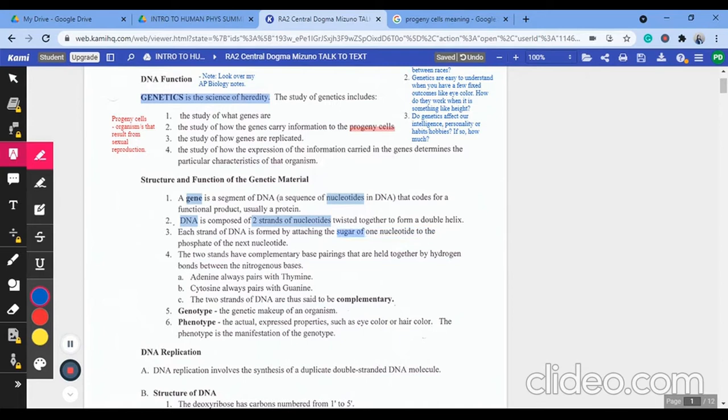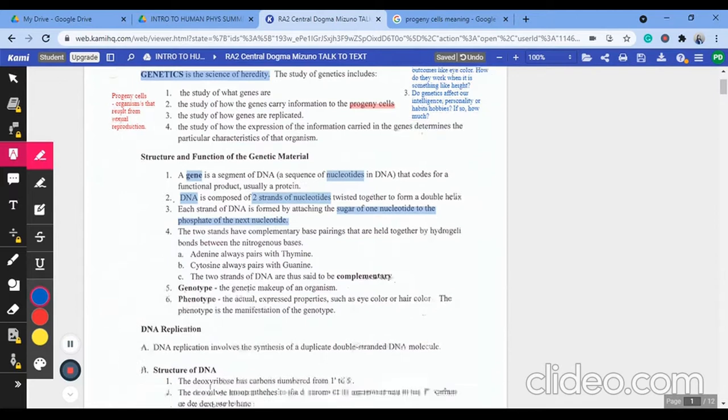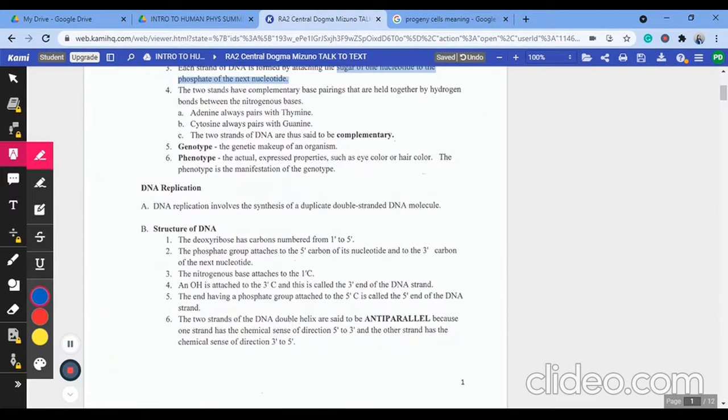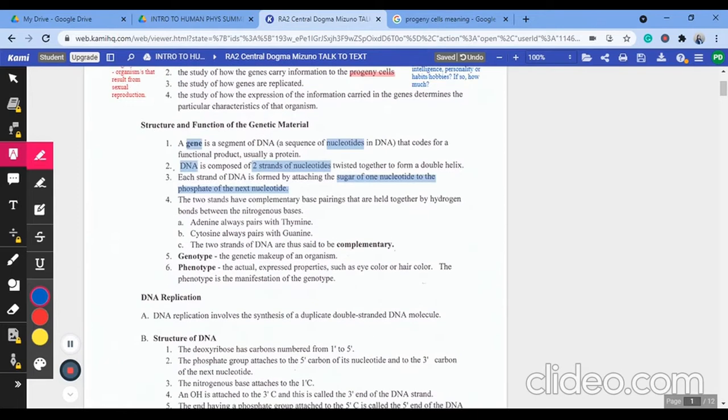That's information I need to know about how DNA is formed. Number 4, the two strands have complementary base pairings held together by hydrogen bonds between the nitrogenous bases. Adenine always pairs with thymine, and cytosine always pairs with guanine. The two strands of DNA are thus said to be complementary.